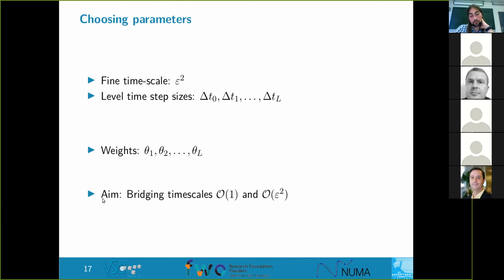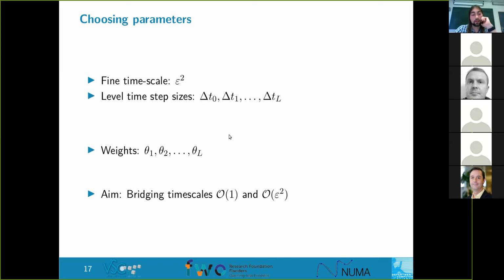To summarize, our aim in picking these parameters is to bridge very large simulations, where we have mostly diffusive behavior, with simulations that are accurate enough to resolve this fine time scale epsilon squared.